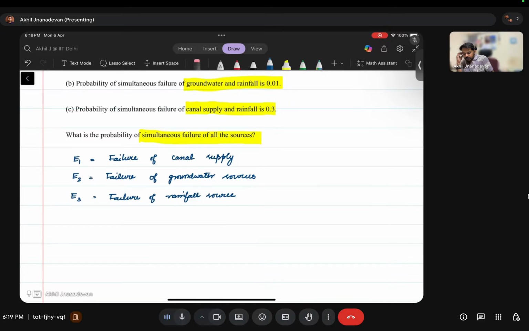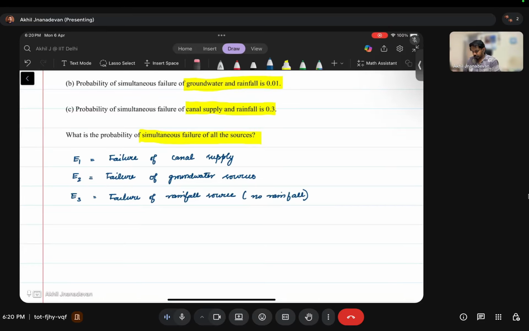So basically that means no rainfall. These are the three events that we are considering. E1 is failure of canal, E2 is failure of groundwater, E3 is failure of rainfall, that is, no rainfall, right?